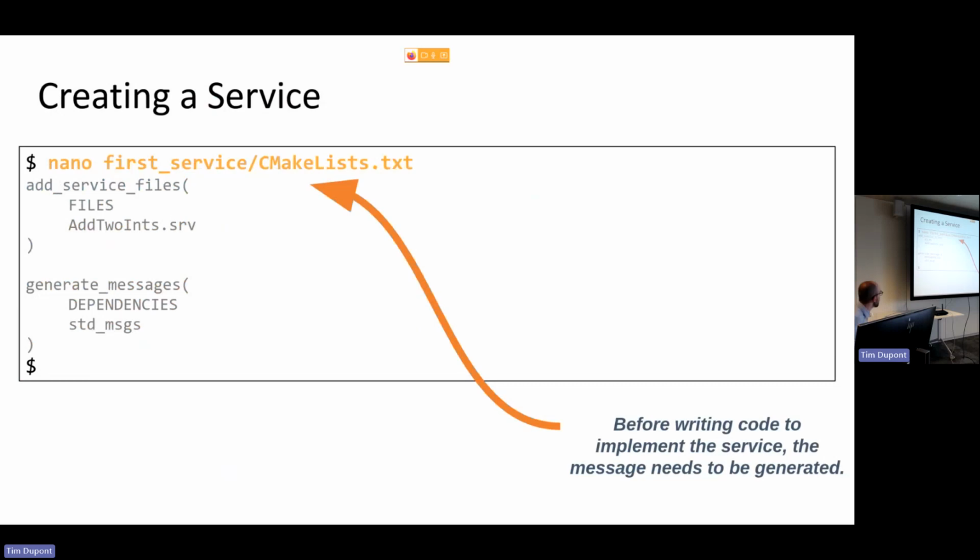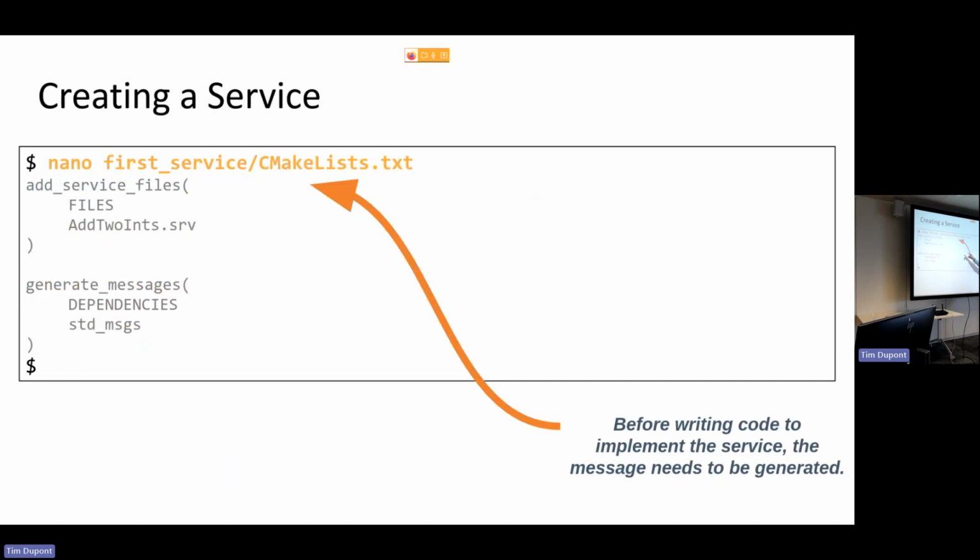Then the less fun part is you have to edit the CMakeLists file. Those of you who work with C++ probably already know CMake and CMakeLists files. This is the part where our students most of the time make small mistakes and then it doesn't work. So that's why I just go over the slides.